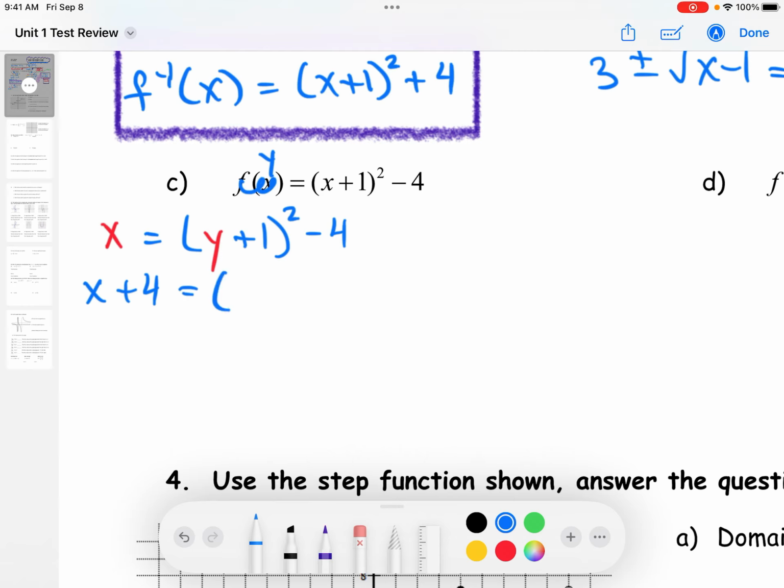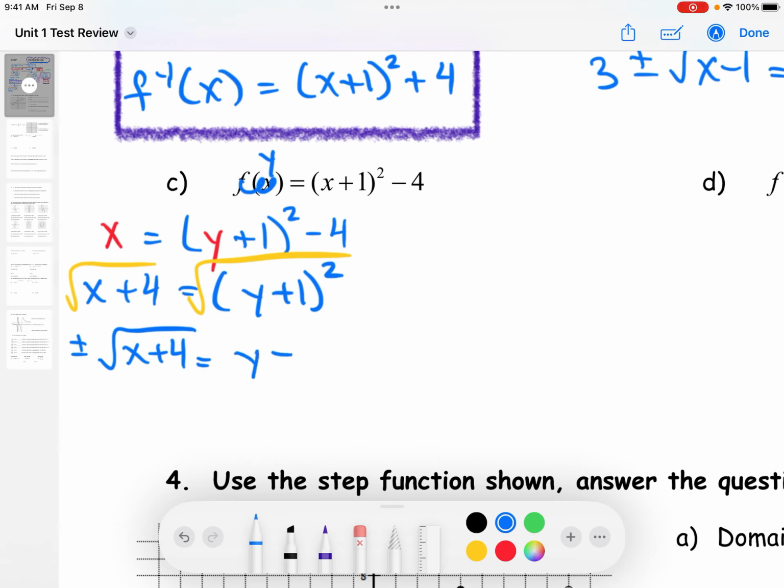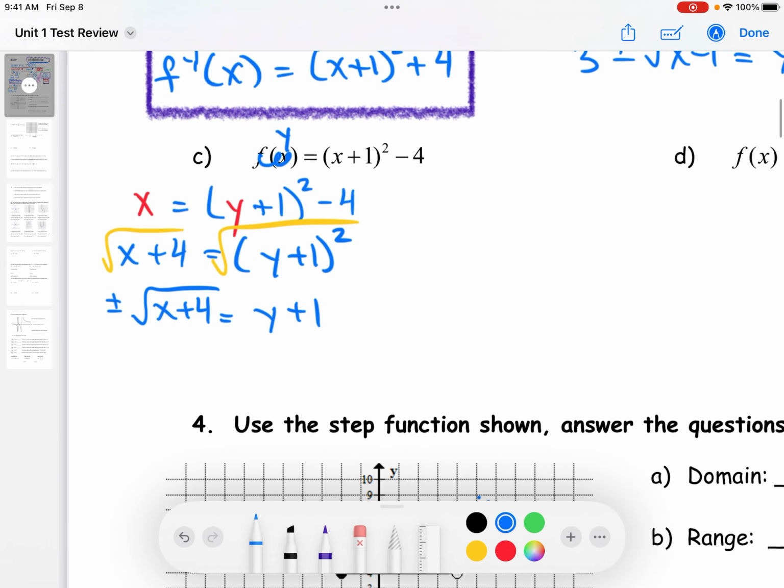So x plus 4 would equal y plus 1 in parentheses, all squared. Then we need to take the square root of both sides in order to solve. We took the square root to solve, so that's a plus or minus square root of x plus 4, equaling, the square and square root undo each other, so that's y plus 1.